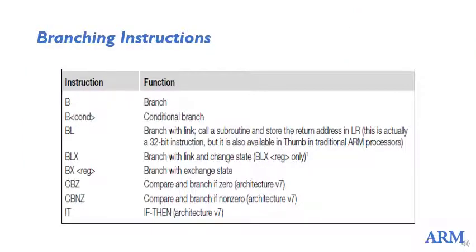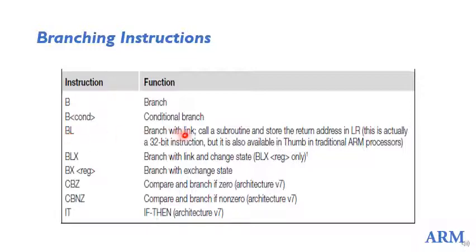So, summarizing the branching instructions, including all the conditional as well as unconditional branching instructions, I have just summarized them here. B stands for unconditional branch, and B along with a condition is conditional branch. The conditions we have already seen, EQ, NE, LT, GE, are all based on the status of the flags. BL stands for branch with link.